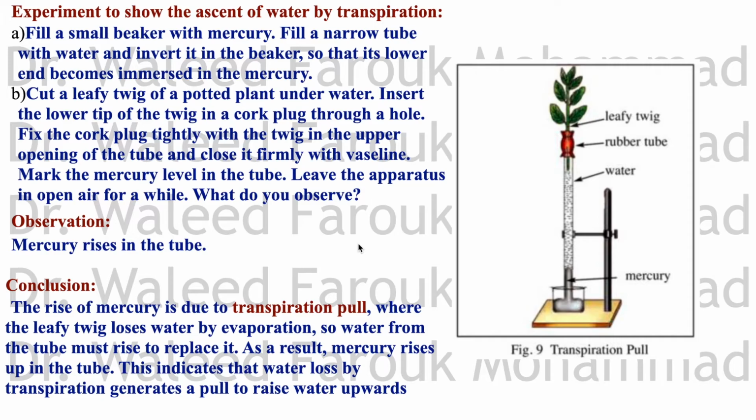So to fill in the missing part, the part that transpired, the mercury rose up in the tube to fill in its place. Conclusion: the rise of mercury is due to the transpiration pull, where the leafy twig loses water by evaporation. This indicates that water loss by transpiration generates a pull to raise the water upwards.